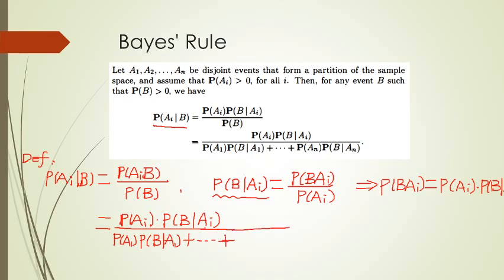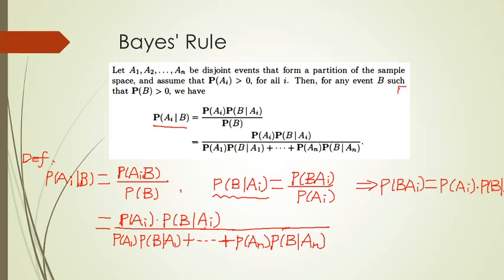Here again, we have M partitions. It will be much easier to understand the Bayes rule when n is 3.